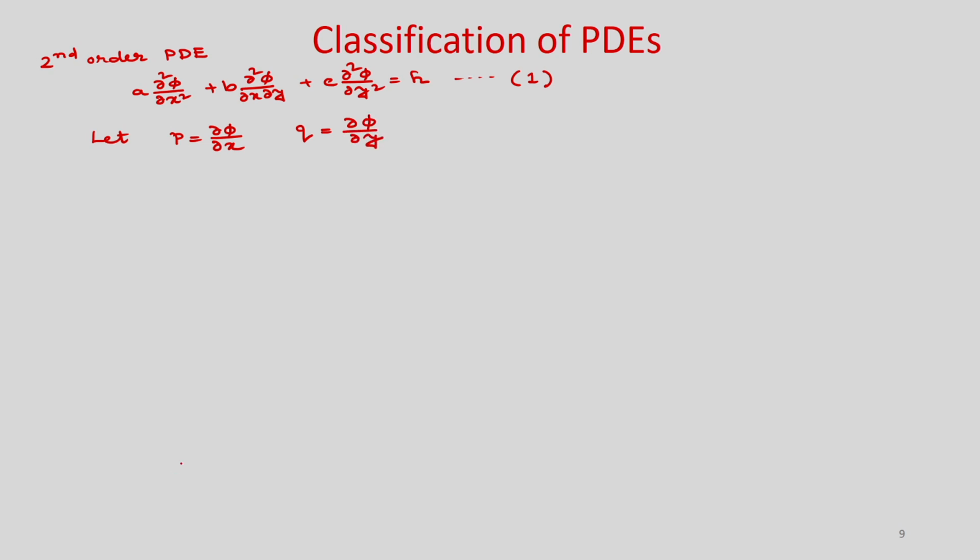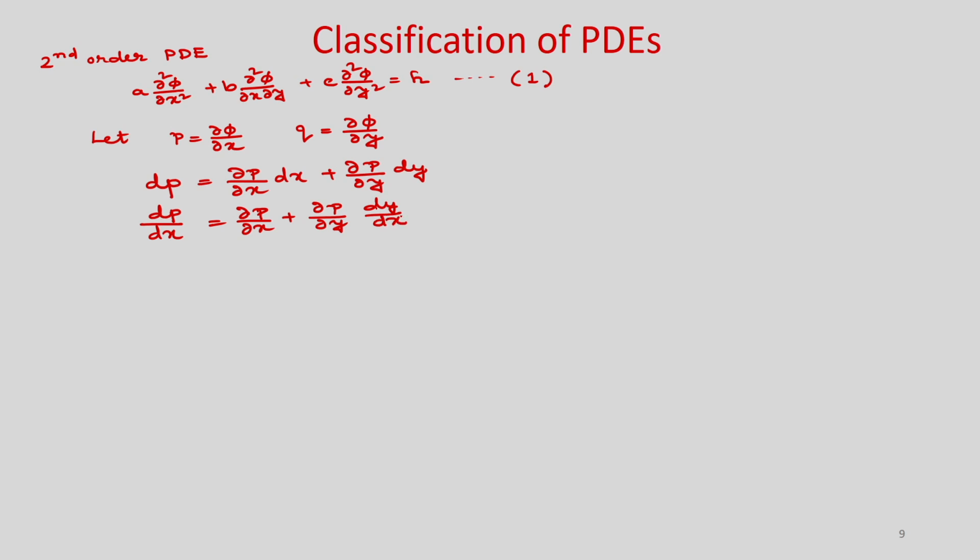Okay. So we can write dP as del p by del x into dx plus del p by del y into dy. And also you can write dp by dx is equal to del p by del x plus del p by del y into dy by dx.